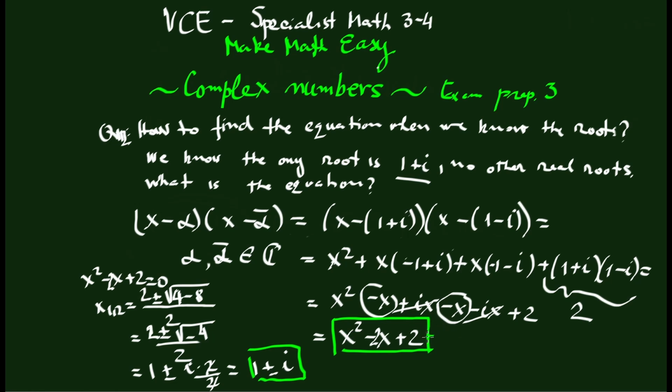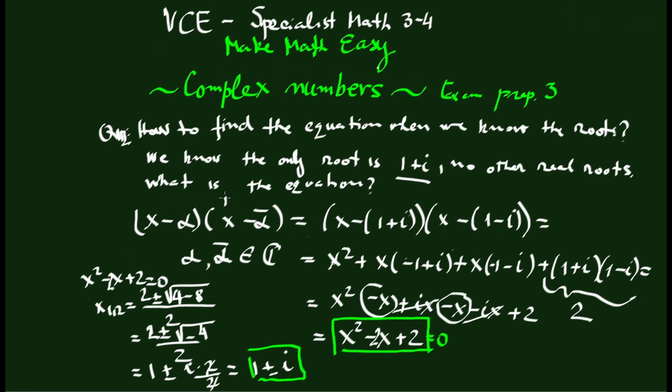So that's equals 0. Right? Here I say only root. So we should say no other real roots, and the only root in the complex plane that we know is that one.